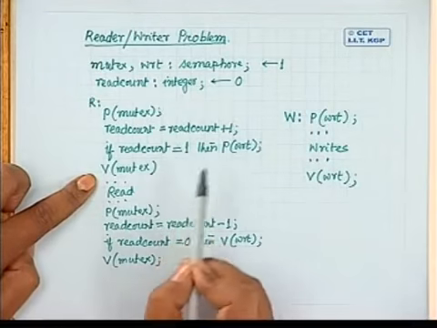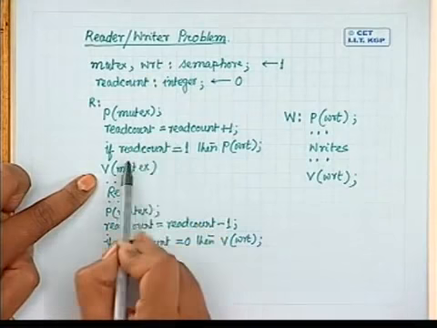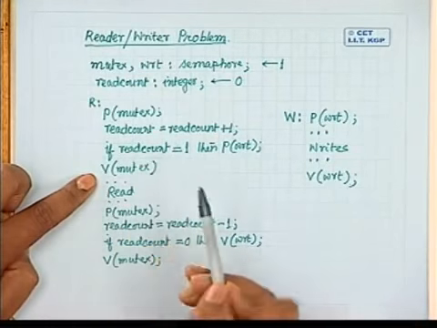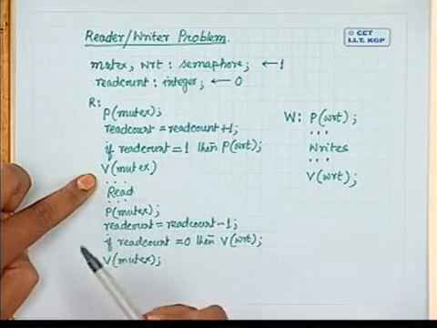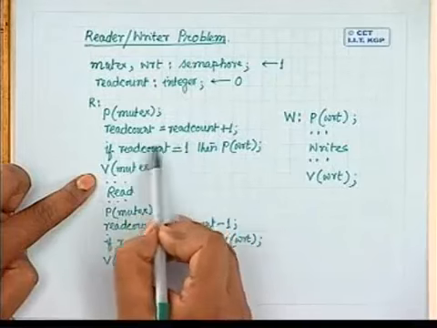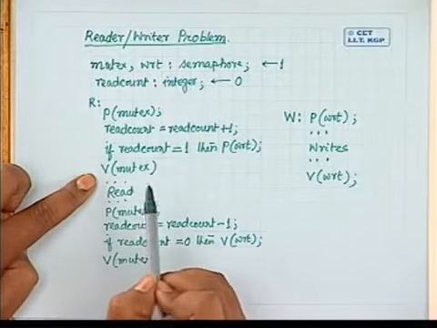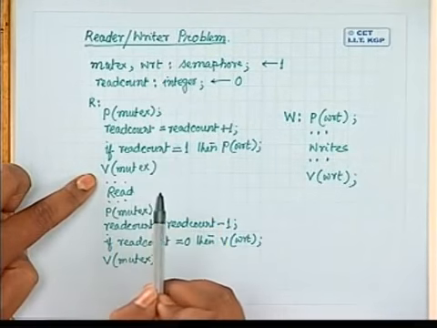And you have seen that if we allow more than one reader process to modify the value of read count followed by this if statement, what type of problem we will face. Okay, that we have discussed with respect to our producer consumer problem when we tried to modify the value of count. Okay. So, to ensure that such a problem does not occur, this access of the read count variable has been made mutually exclusive, and this mutual exclusion is guaranteed by this p mutex pair.